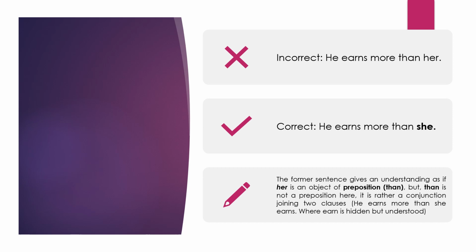If the words act as a conjunction, conjunctions will never take an objective but a nominative case. Therefore, we'll have to replace this her with she. He earns more than she. Within brackets, for your understanding, it is she earns. Earns is understood but is silent.